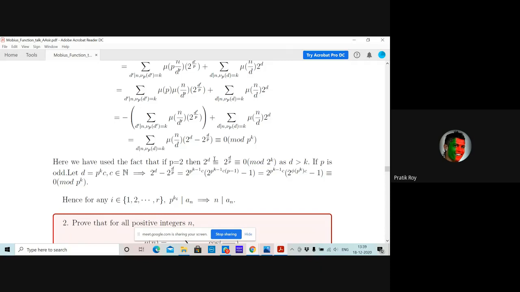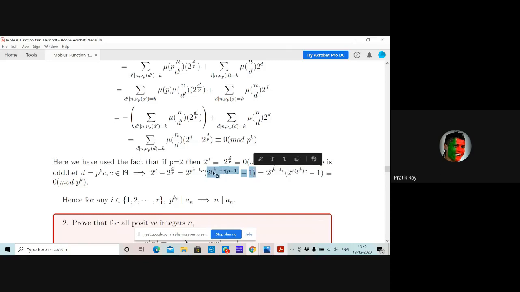Now if p is odd, I can just say, what is d? d is p to the power k into c, where c is a number which has no p. So I can take 2 to the power p to the power k minus 1 c common here, and I get 2 to the power p to the power k minus 1 c times 2 to the power p to the power k minus 1 c into p minus 1, minus 1.